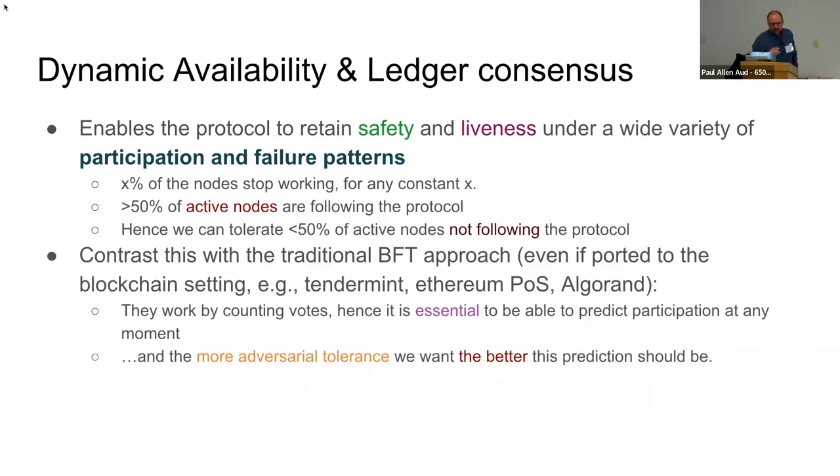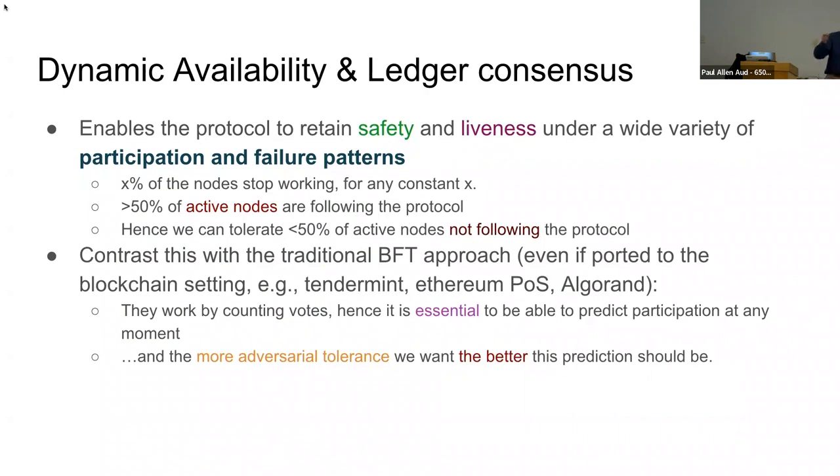So let's focus a little bit on this aspect of dynamic availability. The key point is that it enables the protocol, as a ledger consensus protocol, to retain safety and liveness under a wide variety of participation and value patterns. Just to give an example, if X% of the nodes stop working, for any constant X, the protocol still keeps going.